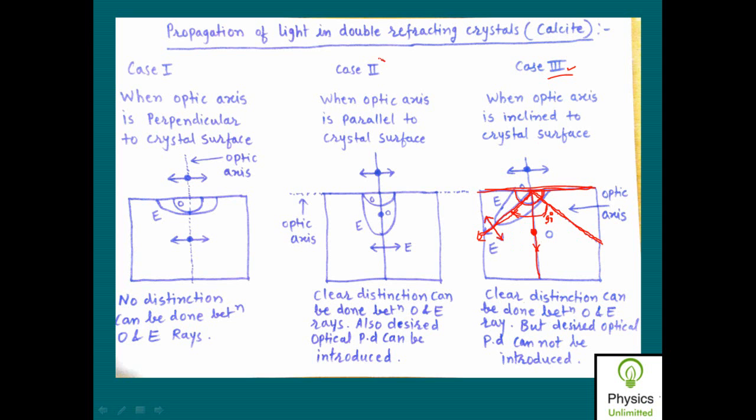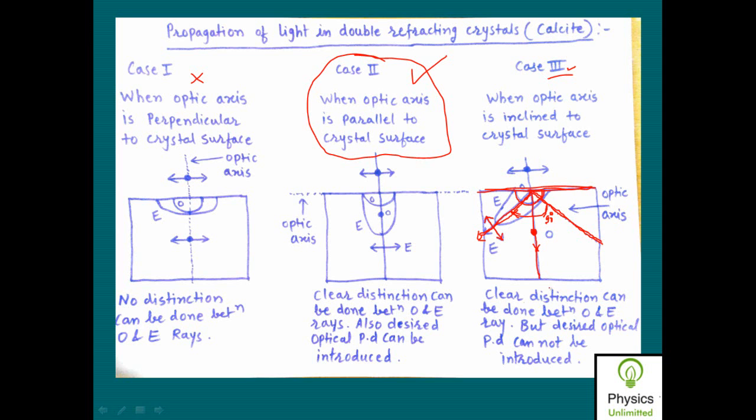While here only this case 2 is important for us, because we can make the clear distinction between the ordinary ray and extraordinary ray, as well as this case can be used to introduce a desired optical path difference between the two rays, and therefore it is useful for construction of retardation plates also. So this case 2 is important, while this case 1 is not useful, as we cannot make the distinction between the two, since both the rays travel in the same direction with the same velocity.